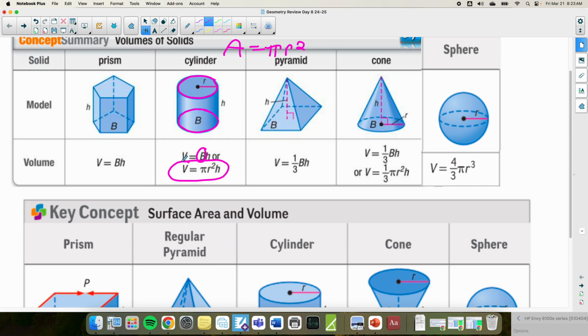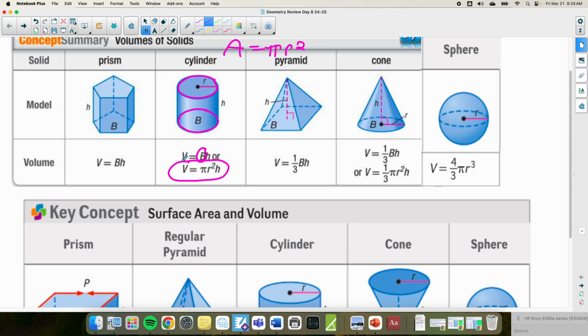When we have a pyramid, the only way that a pyramid is different than a prism is it has the 1/3 in front. The reason it has that 1/3 in front is a pyramid doesn't just go up on all sides. It goes to the middle, so it loses all that volume on the sides.